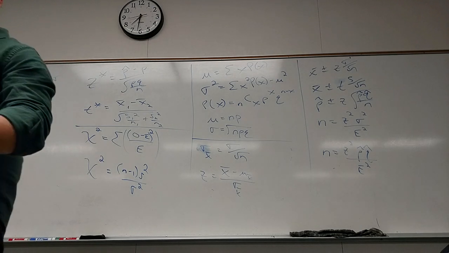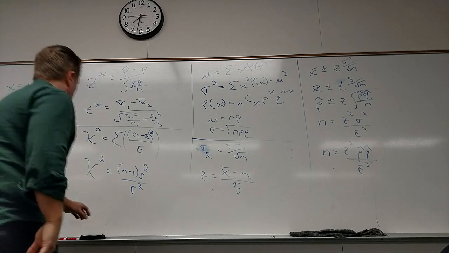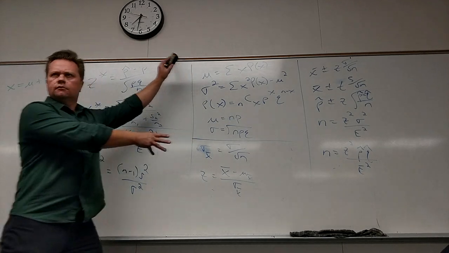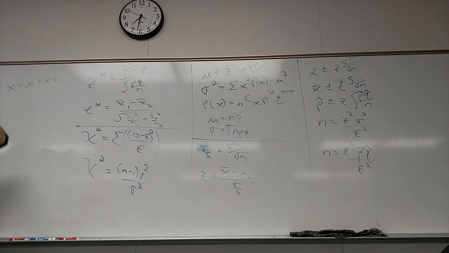So we have 3, 4, 8 on green pieces of paper. Everybody's got everything up here.